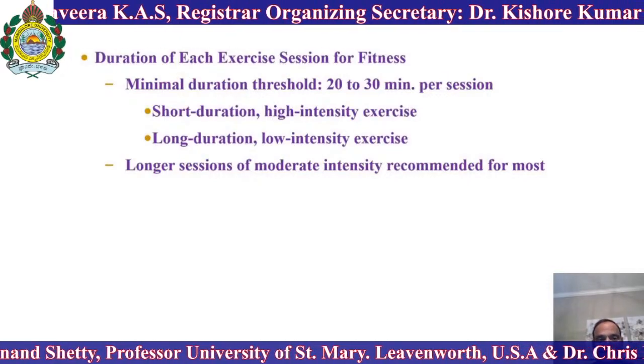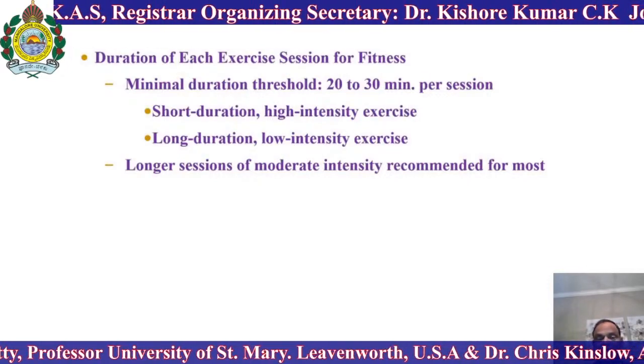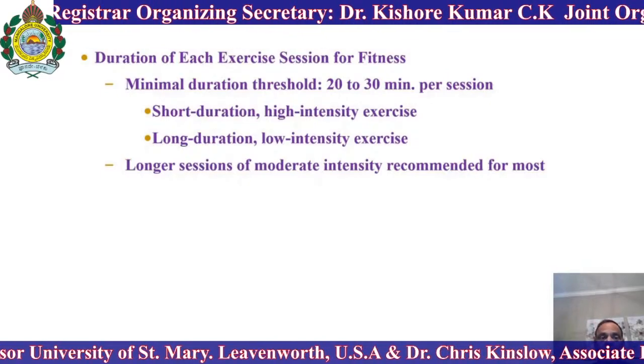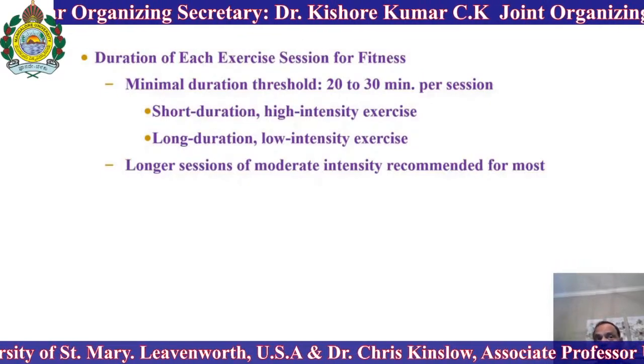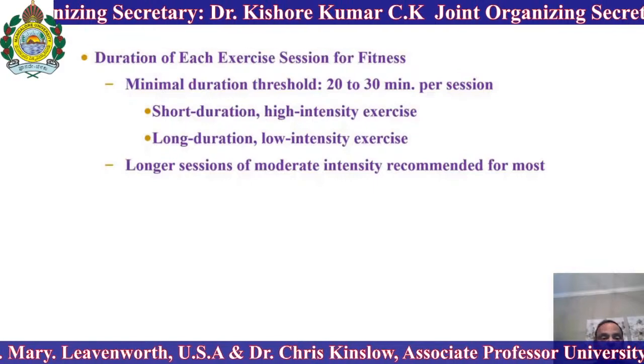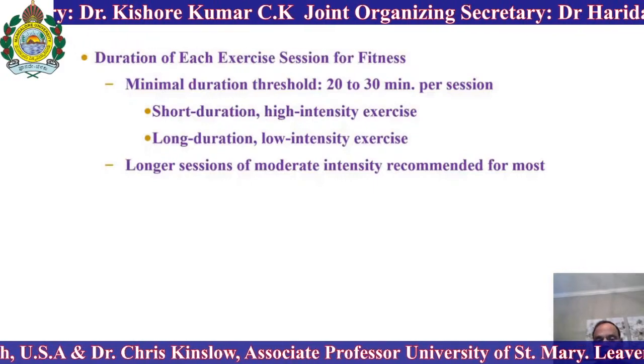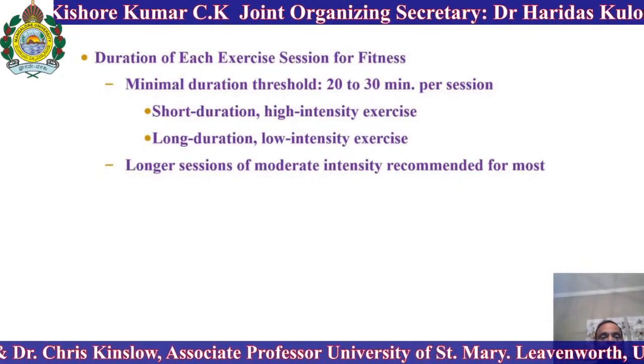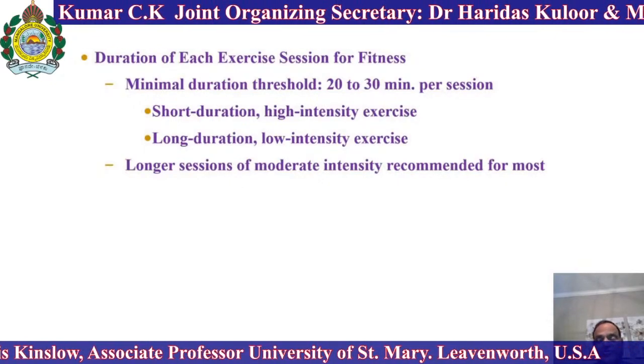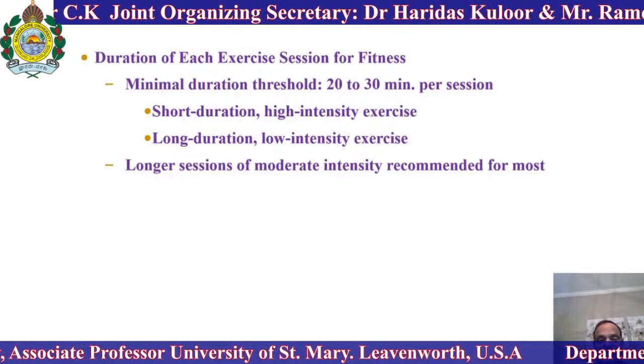Duration for each exercise session for fitness: I am talking about the general public. It is different for athletes, but here I am talking about general fitness for people like me and you. Minimal duration threshold is probably about 20 to 30 minutes per session.